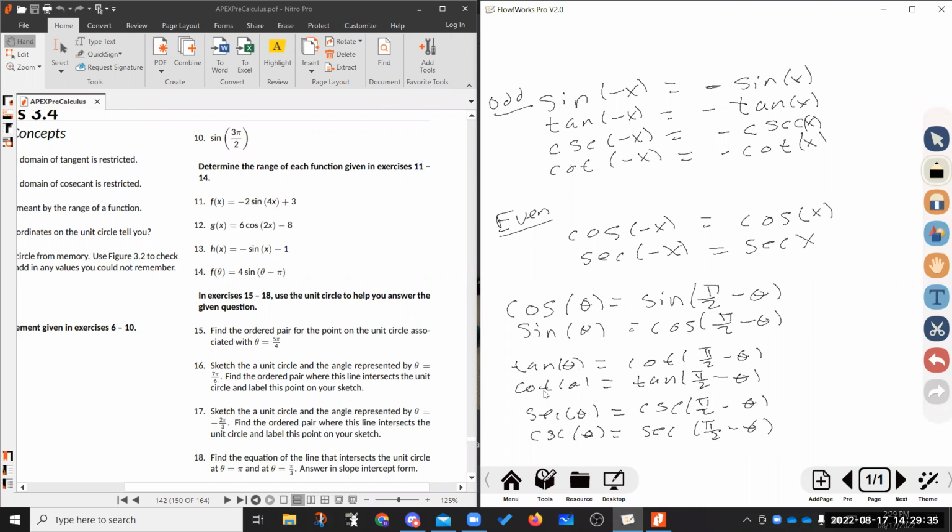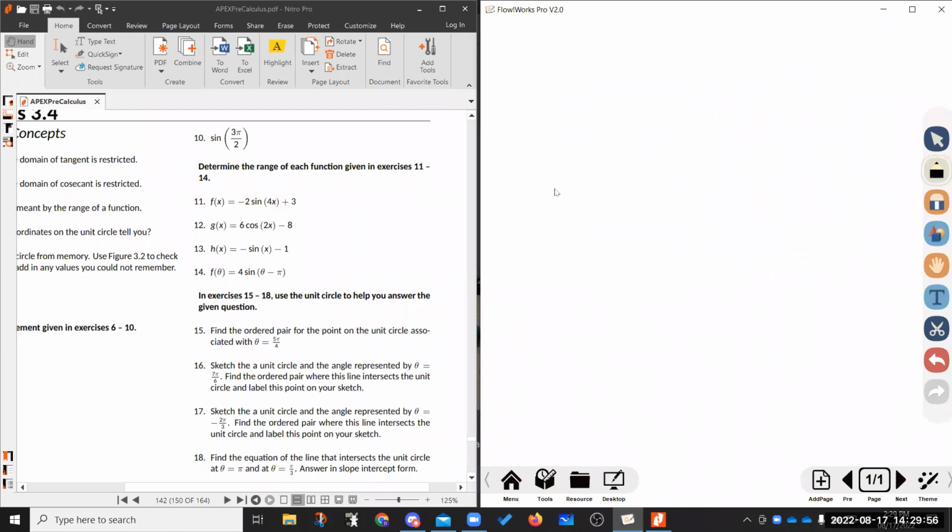You should be able to take the cotangent graph and transform it into the tangent graph. You should be able to take the cosecant graph and transform it into the secant graph and vice versa. So that's what co-functions mean. That's another set of identities. I think that that is everything that I can remember that you need to know for calculus from pre-calculus.